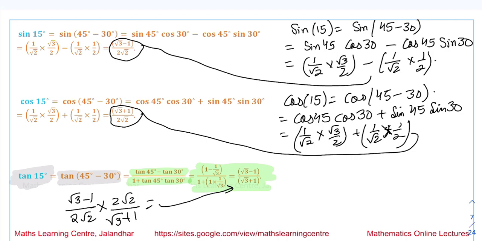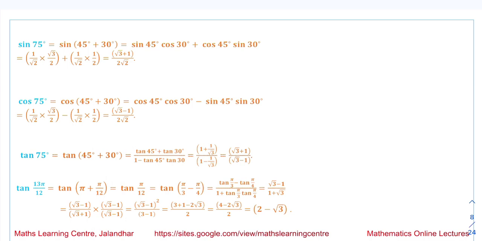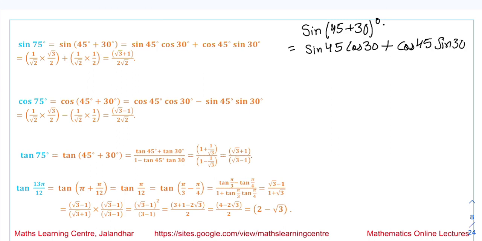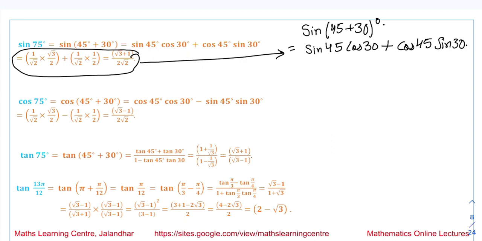Next we have to calculate the value of sine 75 degrees. When we are talking about the 75 angle, we can obtain it as sine of 45 plus 30 degrees, and this is equal to sine 45 cos 30 plus cos 45 sine 30 degrees, and on substituting the values over here we will obtain the answer in this form.